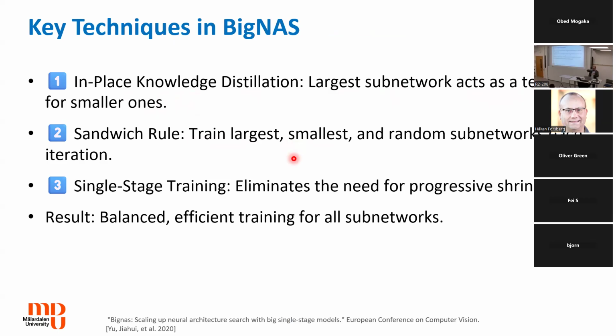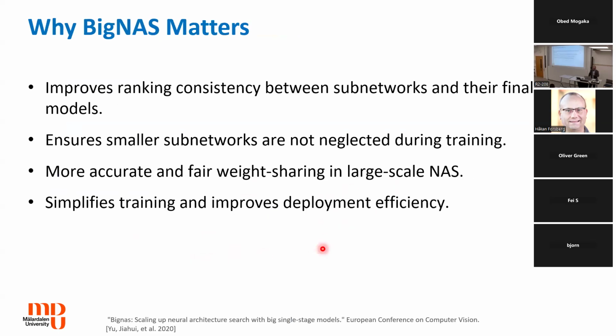We pass a batch of images through them and update their weights using knowledge distillation as well as the cross entropy loss. This is single-stage training and eliminates the need for progressive shrinking. So the result is balanced, efficient training for all subnetworks.